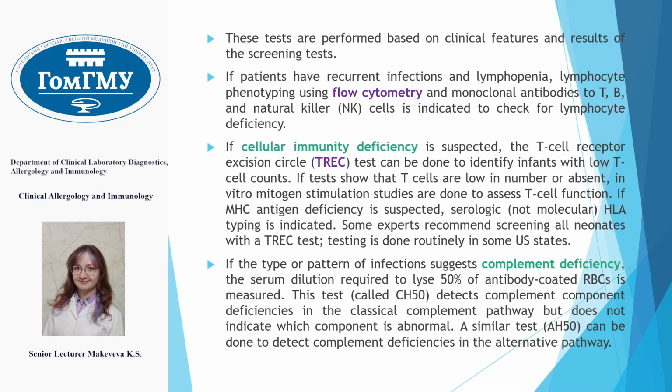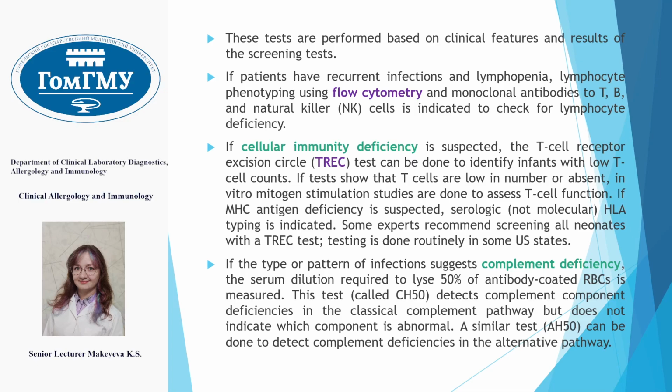If tests show that T-cells are low in number or absent, in vitro mitogen stimulation studies are done to assess T-cell function. If MHC antigen deficiency is suspected, serological HLA typing is indicated.